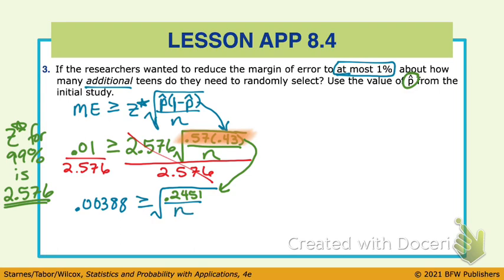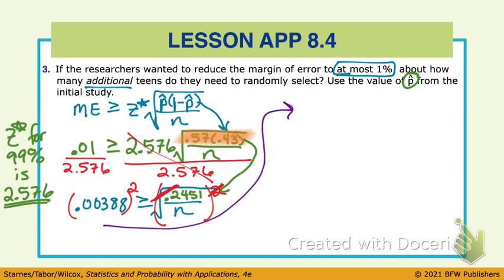All right, next step. Now that our square root sign is all on its own, we can now square both sides. That way that square root goes away, and I'm going to square this side as well. Okay. I'm going to move up here now. All right, so if I take 0.00388 and I square it, I get 1.50544 e to the negative 5.